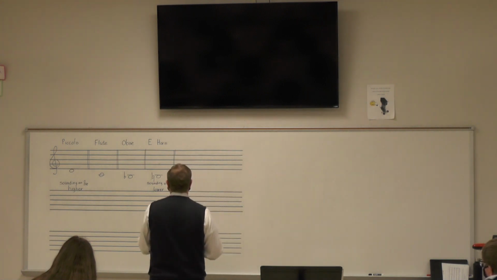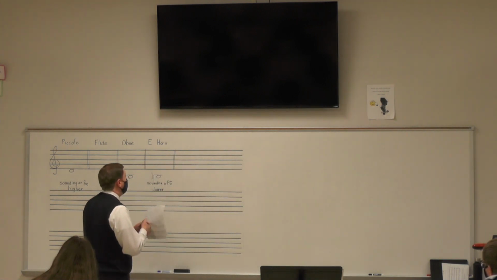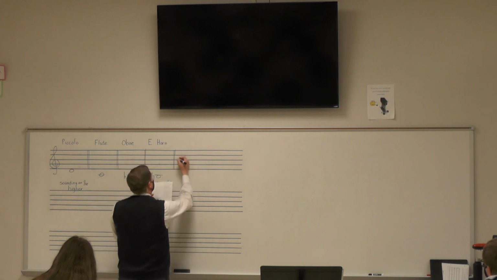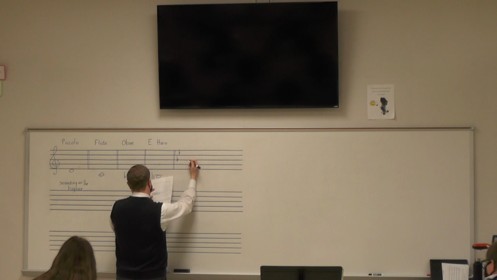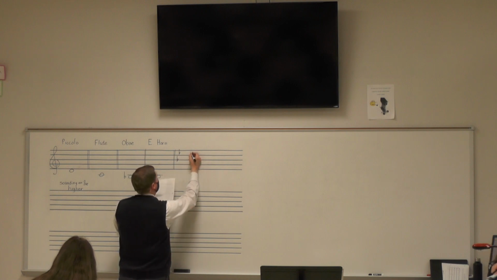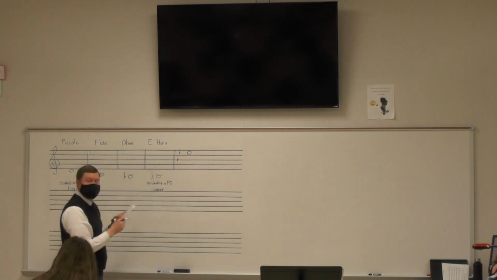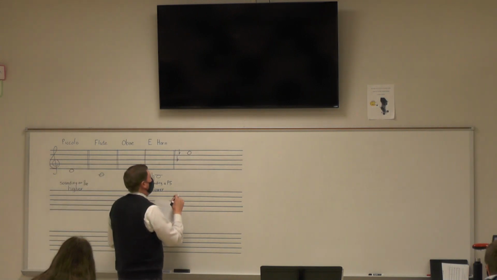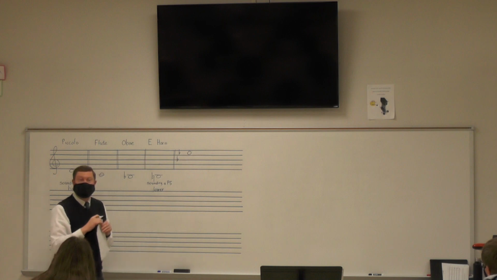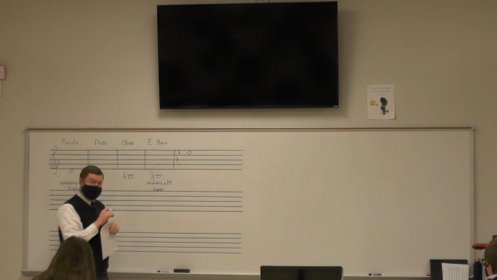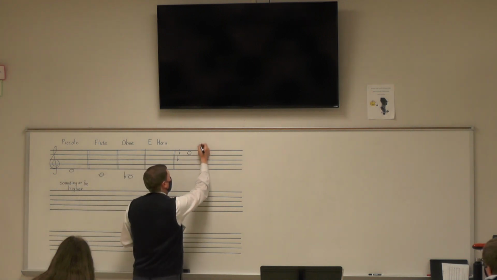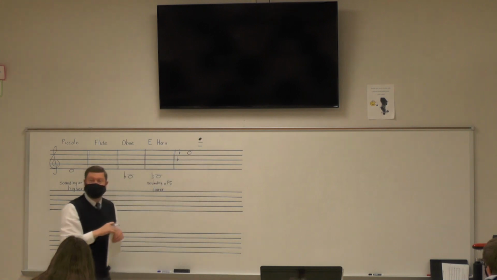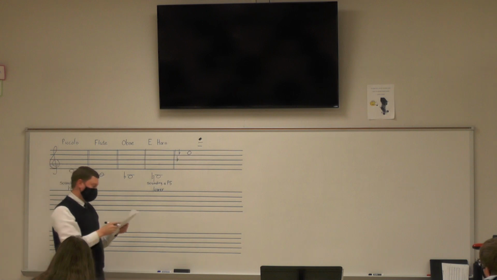Maybe I could do just a few quick examples for the piccolo right here. Let's say I'm in the key of, it doesn't matter, B flat major, and this is the written pitch for the piccolo. That E flat right there. What is the actual sound coming out of the piccolo? Yeah, an octave higher. So this one right here. Okay.